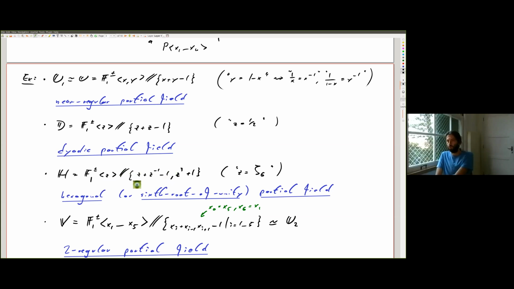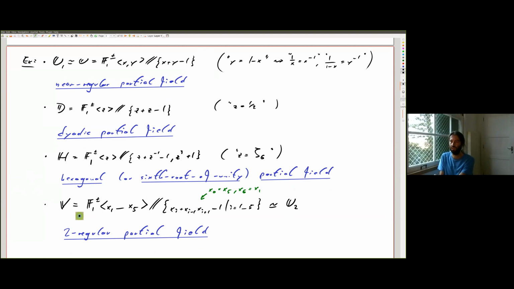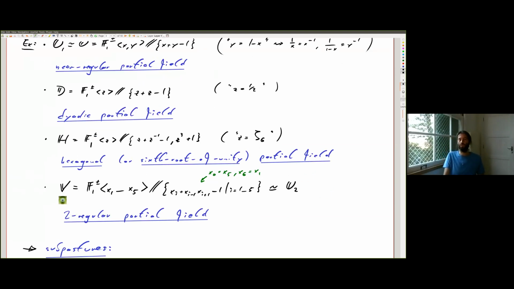And then as a concluding example, which is something a bit more complicated, but will also show up in our theory, we consider the two-regular partial field, which in our logic is a pasture which I denote by V. So we introduce again a different letter because of its importance for our theory, which is F1 plus minus associates 5 variables, x1 to x5, modulo 5 relations, which are the relations xi plus xi minus 1 times xi plus 1 minus 1, where i varies from 1 to 5.